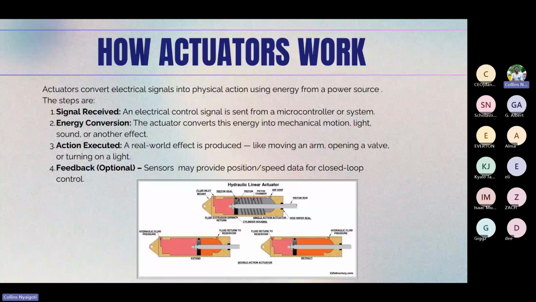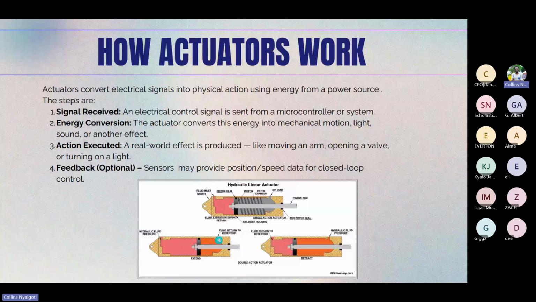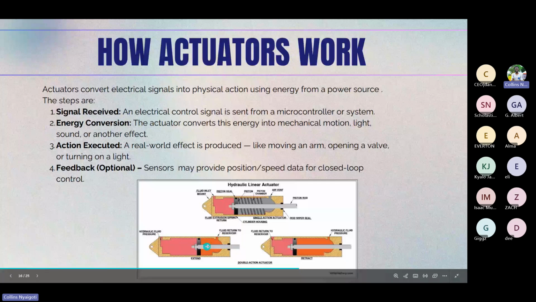This is double action: it can move one way when fluid comes from this side, pushing to retract the piston, and when fluid comes from the other side, it pushes forward to extend the piston. So basically, that's how actuators work. It may be electrical, hydraulic, or pneumatic.